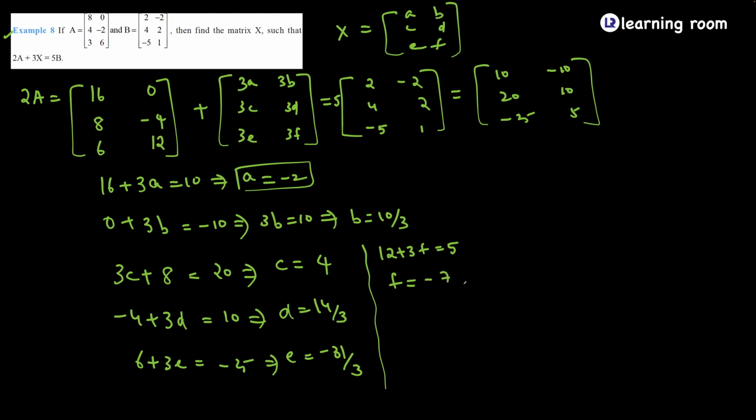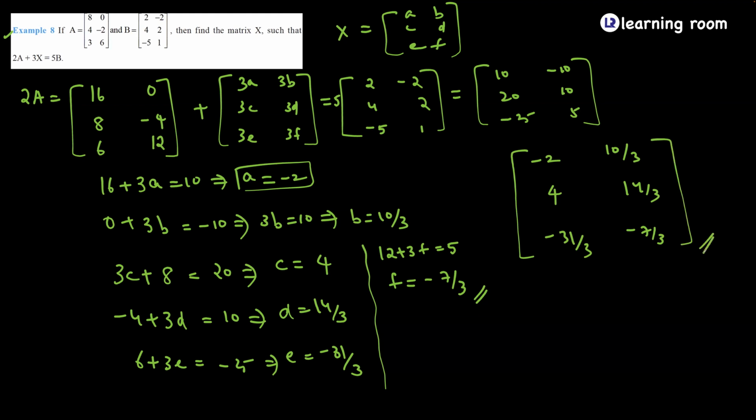So it will be minus 7 divided by 3. Do you understand? So what is going to be the matrix X? It is going to be minus 2, 10 by 3, 4, 14 by 3, minus 31 by 3, minus 7 by 3. This will be the answer.